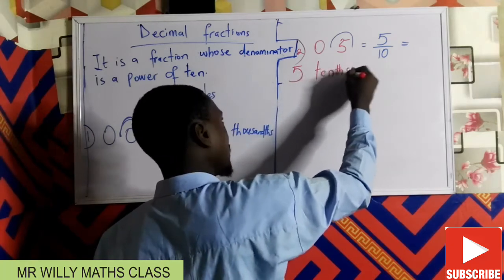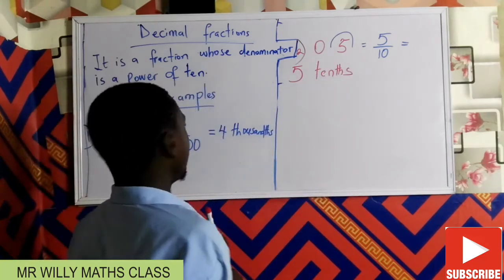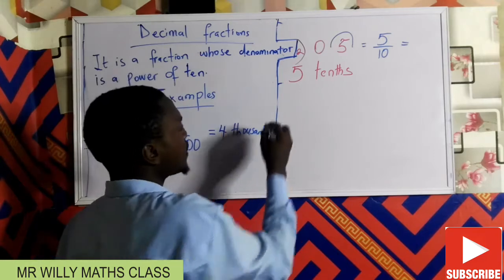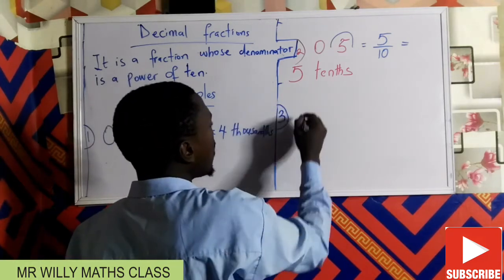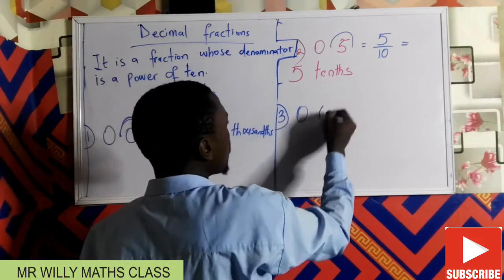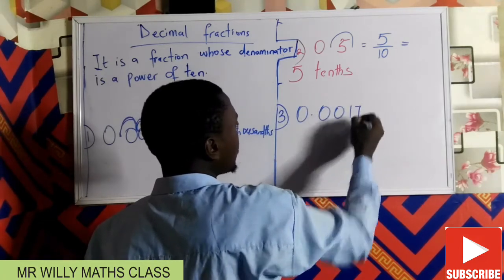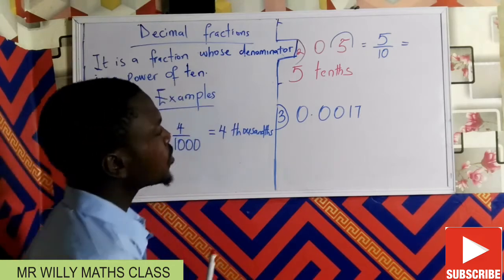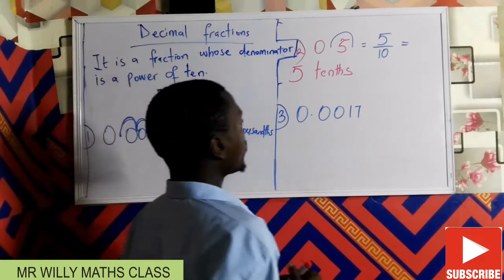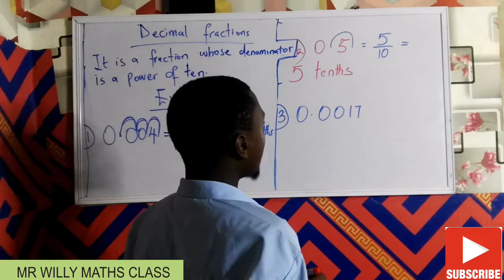Now the last example, if you have 0.0017, how do you change it? You just count the decimal places.